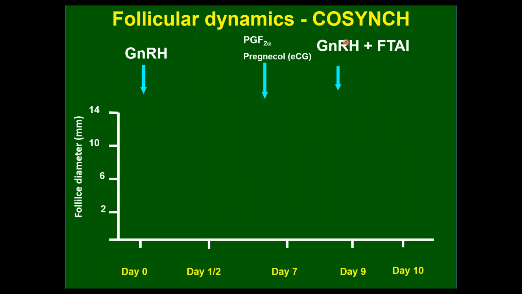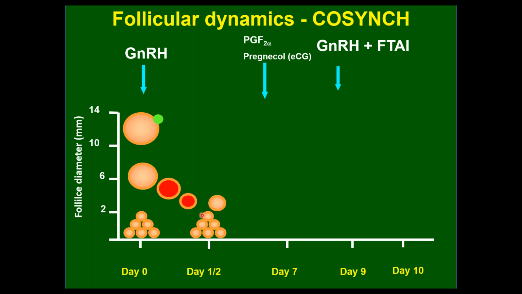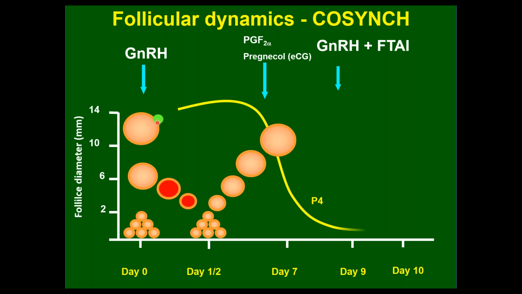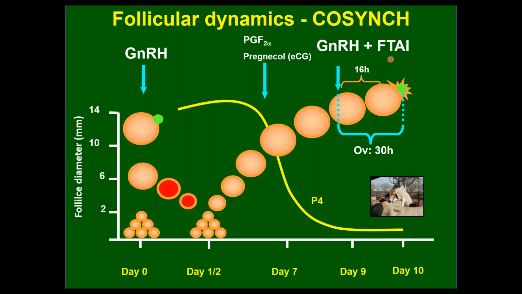The other GnRH program is a CoSync program. Now, it essentially is the same as the OvSync program, whereby GnRH induces ovulation, causing a new follicular wave to emerge. Prostaglandin is administered around day 7 to remove the corpus luteum and allow the dominant follicle to grow. However, what you can do is administer GnRH and fixed time at the same time.